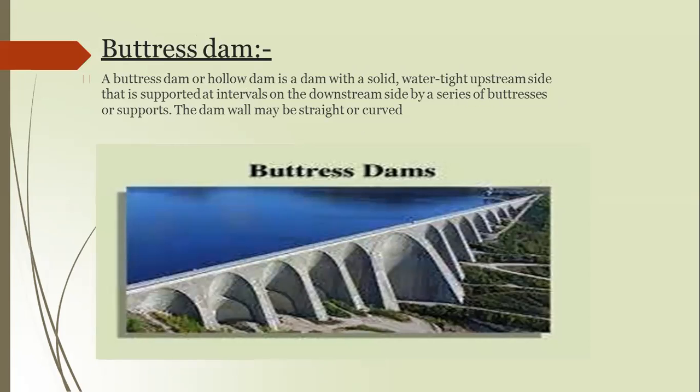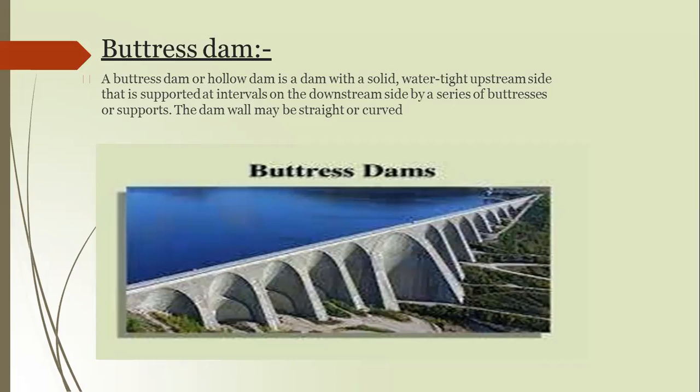These are the buttresses, and they form a buttress wall, and the structure is called a buttress dam. This type of curved structure can be formed, as you can see, or rectangular small segments can be formed, and they can be connected to each other to form the buttress wall. These types of dams are buttress dams.